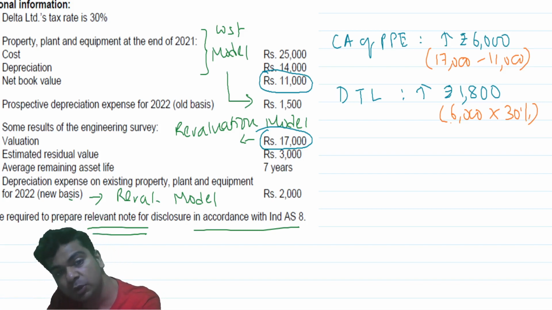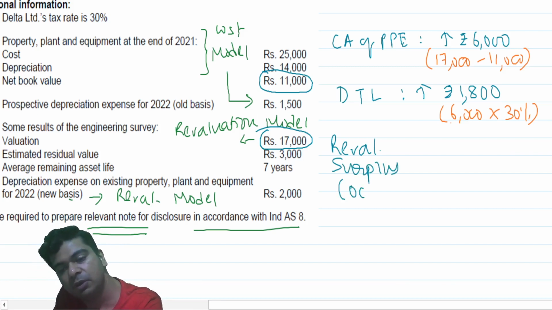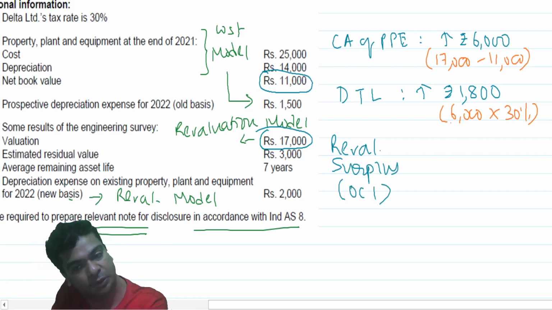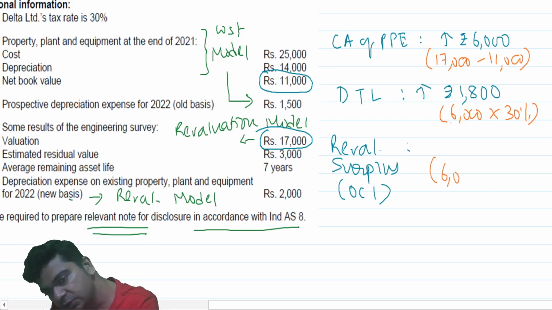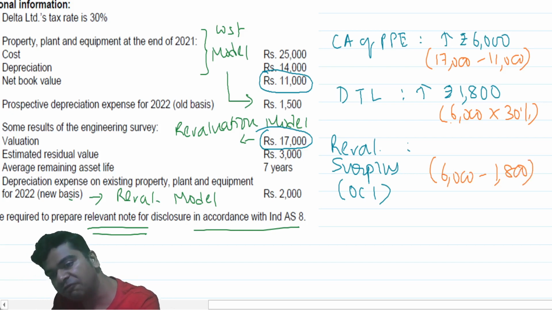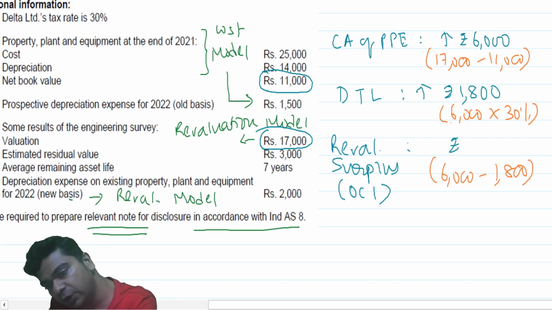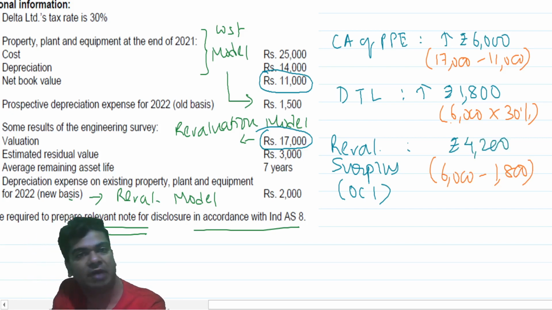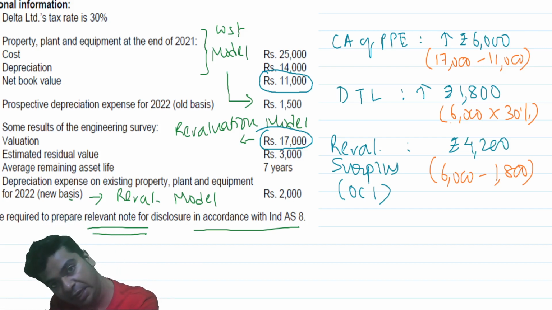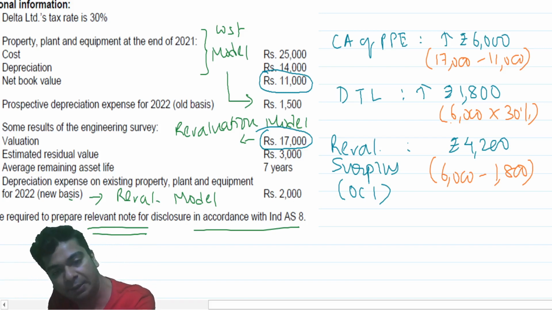That means there will also be revaluation surplus. This revaluation surplus will be recognized in other comprehensive income. How much will it be? It will be 6,000 minus this tax provision of 1,800. That is giving us 4,200. 4,200 will be required to be recognized as revaluation surplus, but of course this will not be recognized in the P&L. It will be recognized in OCI, in other comprehensive income.